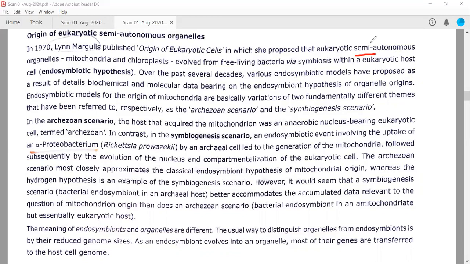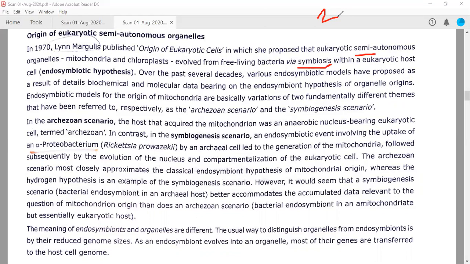Also the proof that these are semi-autonomous and symbiotic in nature comes from the fact that they have two membranes. One is the outer membrane, one is the inner membrane, or inner mitochondrial membrane, for example, as we have discussed.